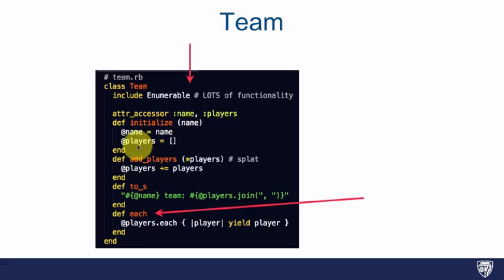So players starts out as just being an empty array. You could also add players using the splat functionality we discussed before. And basically all you're doing is adding the array of players that are passed in to your existing players, which starts out as nothing. And then the to_s just prints some information about the team.